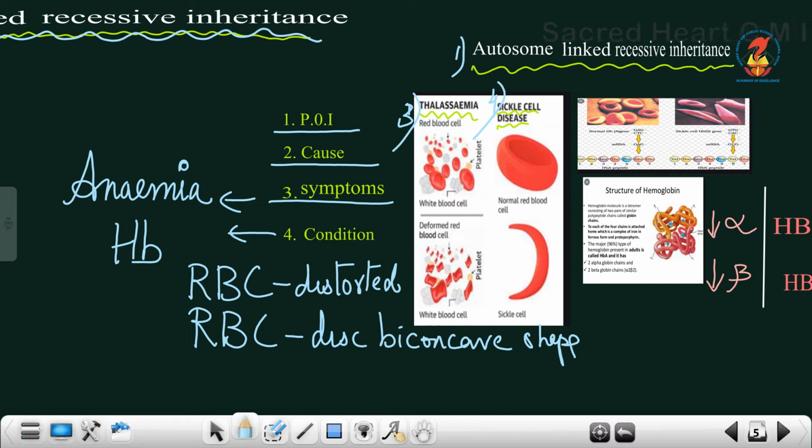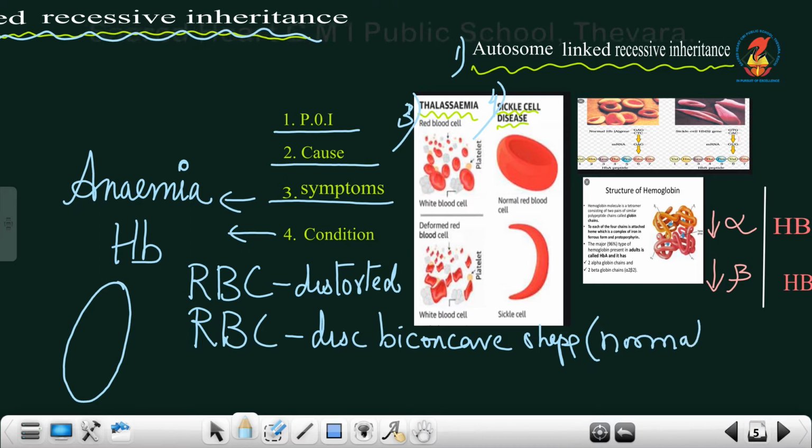It is disc biconcave shape, disc-like and biconcave because it lacks the nucleus. Okay, that's a normal shape. This is normal. But under these two conditions, what happens is that they become distorted.